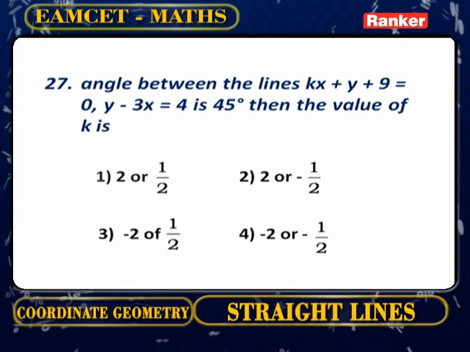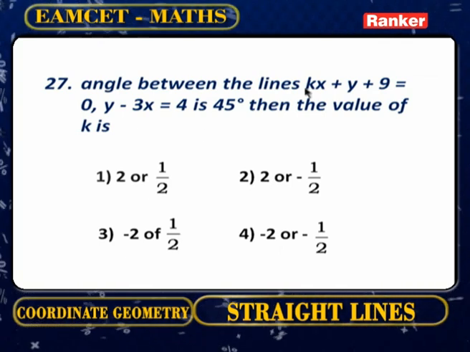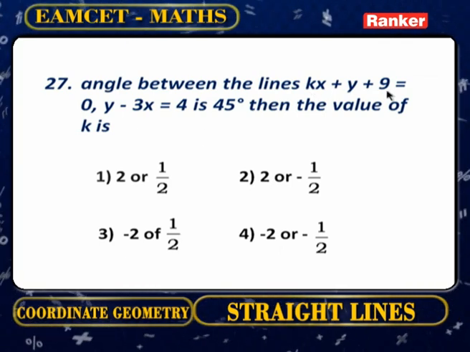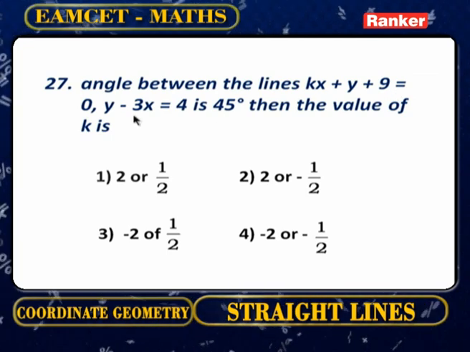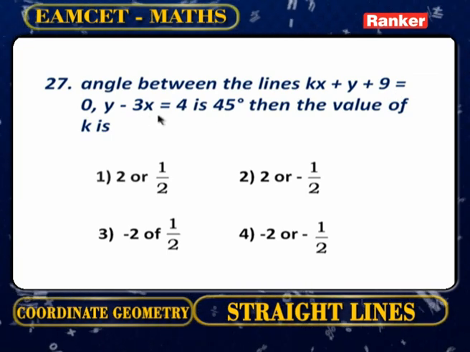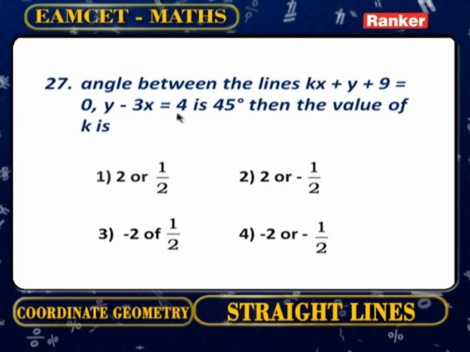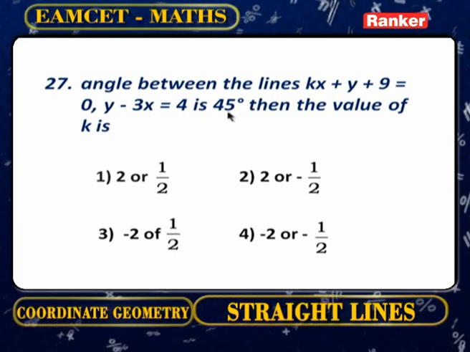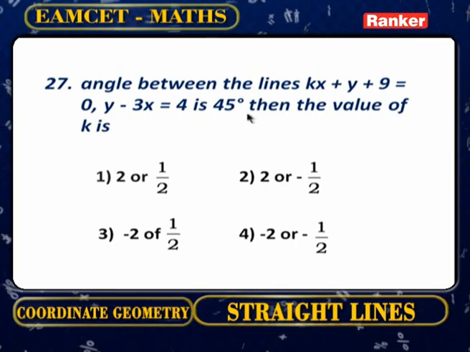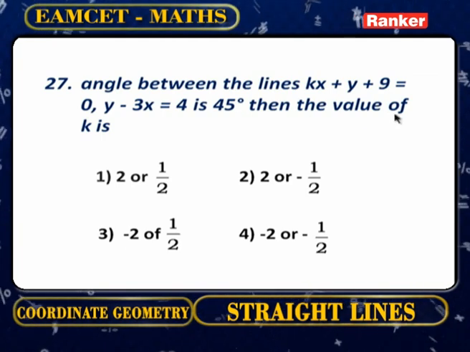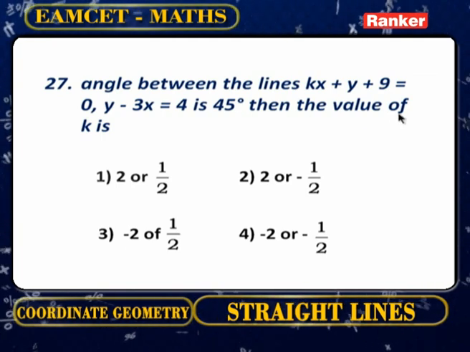The angle between the lines kx + y + 9 = 0 and y - 3x = 4 is 45 degrees. Then the value of k is?